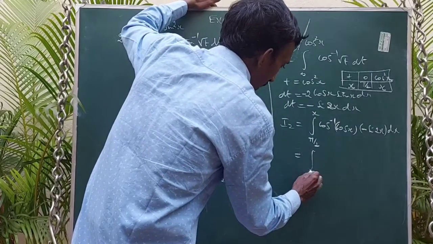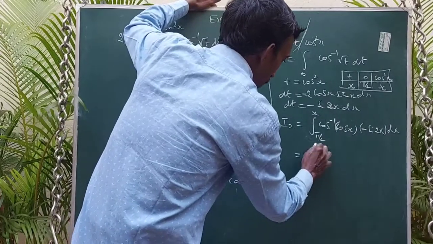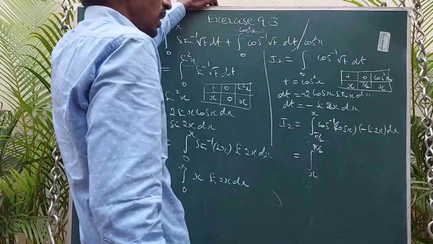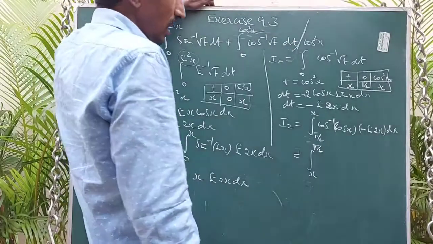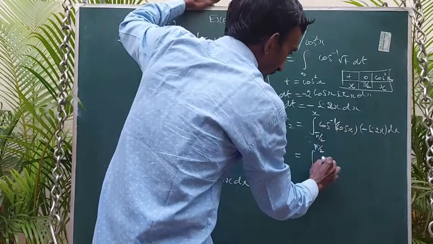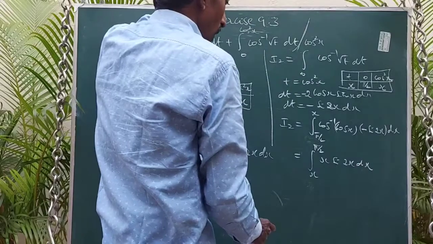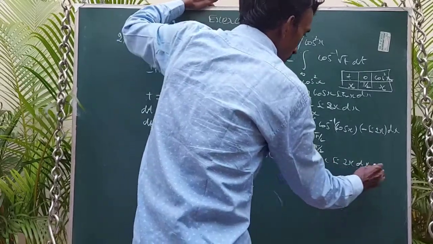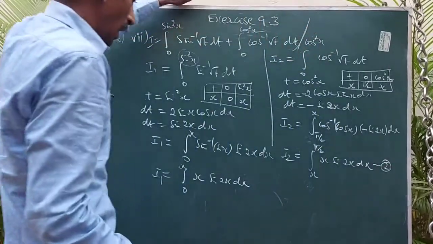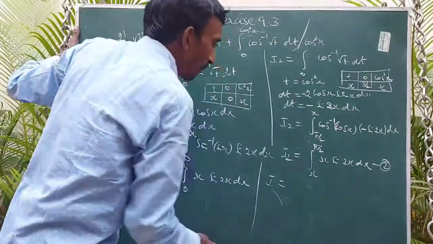So integral pi by 2 to x can be written as x to pi by 2, by the second property. Minus minus becomes plus, so it becomes x sin 2x dx. So take it as I2. Now look here, I is nothing but the sum of the two.